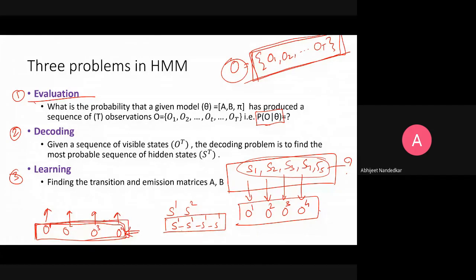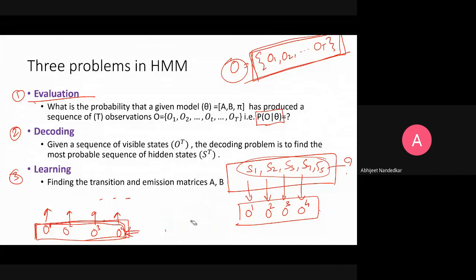So when you observe O1, O2, O3, O4 symbols, you may have this sequence, or you may have S1, S1, then S2. So you can have 16 possible combinations with just these two states. Now if I add one more, then you can imagine. So this will grow exponentially when the states increase.